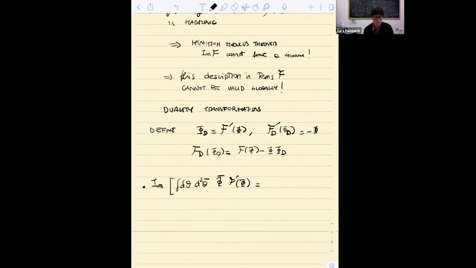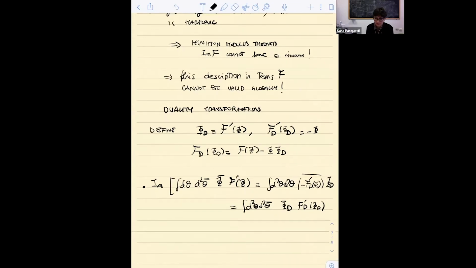So what I do, I use the definition of dual variables. So this is given by minus f prime d bar, fd, and then I integrate by parts. And this is just phi bar dual f prime dual.